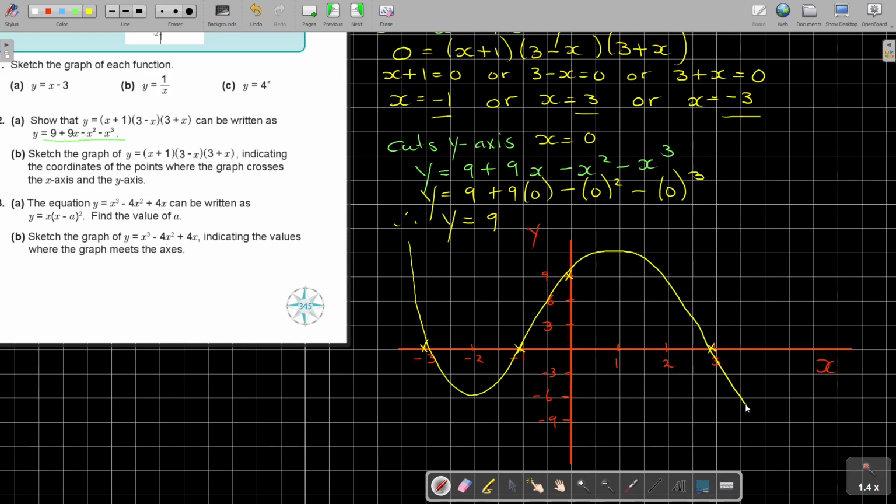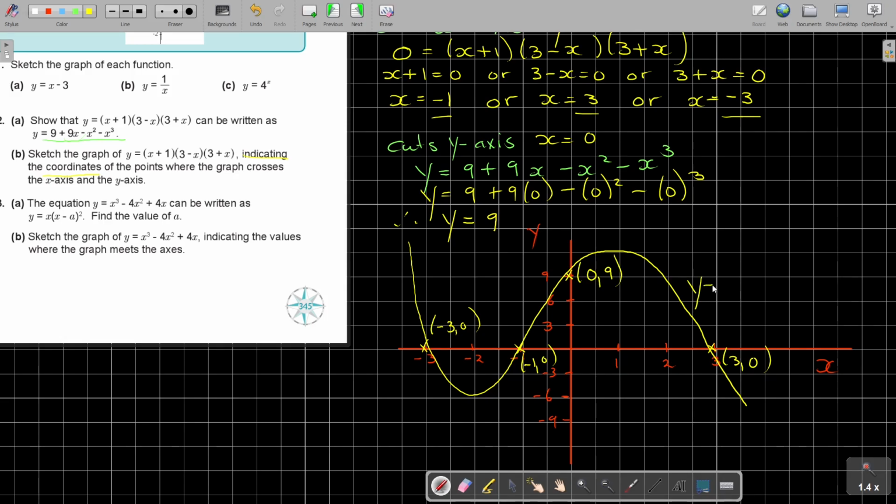Now they want me to mark these points and write down the coordinates, indicating the points where the graph crosses the axes. So it's (-3, 0), (-1, 0), (3, 0), and (0, 9).